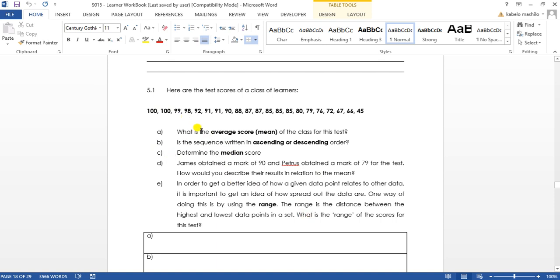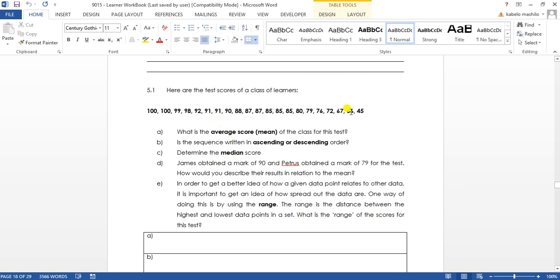And then, is the sequence descending or ascending? Ascending is in order from 0 up to 100, descending is from 100 going down. So determine the median score, the middle number from these.